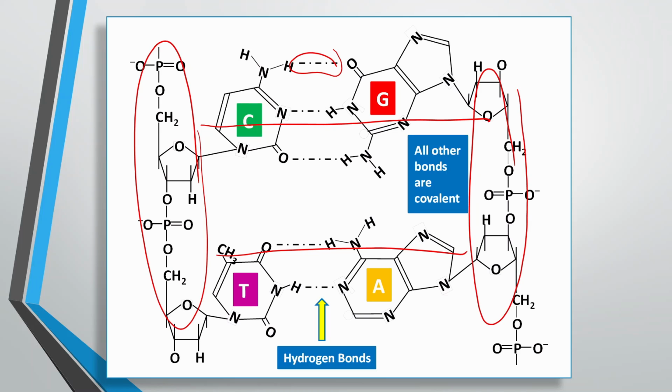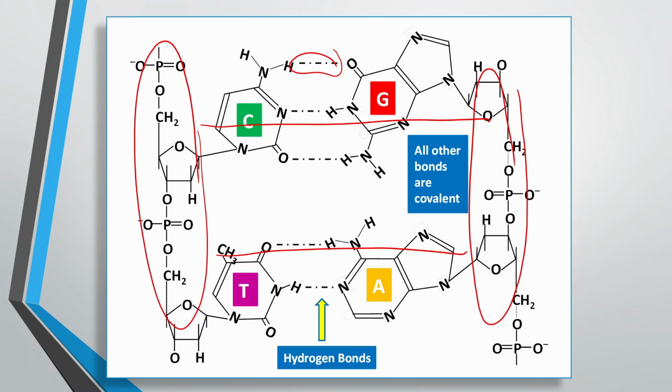But the hydrogen bonds aren't nearly as strong as the covalent bonds found throughout the rest of the DNA molecule. And this is critical to understand. The covalent bonds keeping the two vertical backbone halves of the DNA ladder intact are much stronger than the hydrogen bonds holding the two halves together in the center. And the covalent bonds are required for the integrity of the molecule. Therefore, if the covalent bonds keeping the two vertical backbone halves of the ladder intact are broken, it will destroy the DNA molecule.